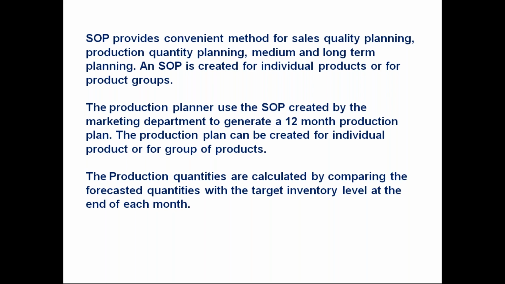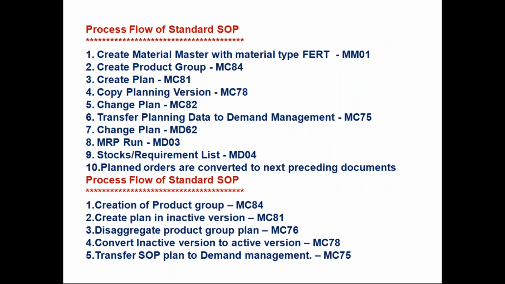The production planning department uses the sales and operation planning created by the marketing department to generate a 12-month production plan. This production plan can be created for an individual product or for a group of products. This is the main advantage.